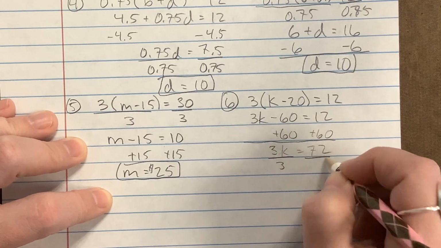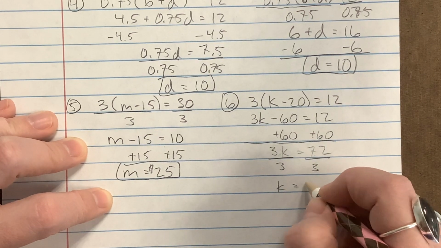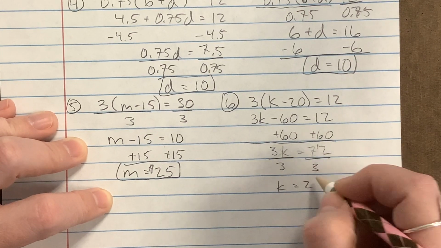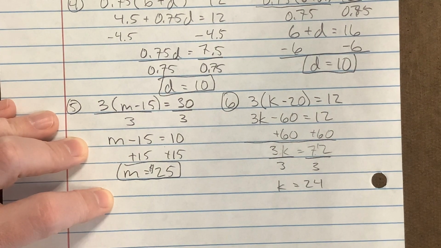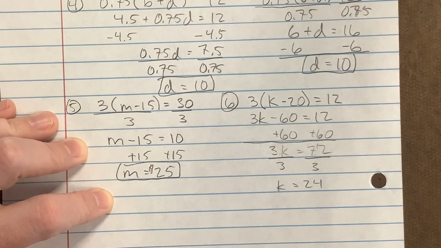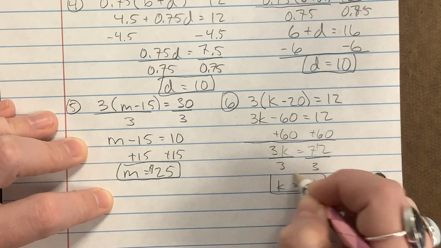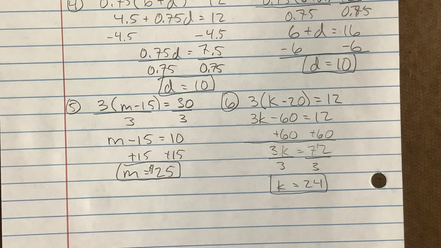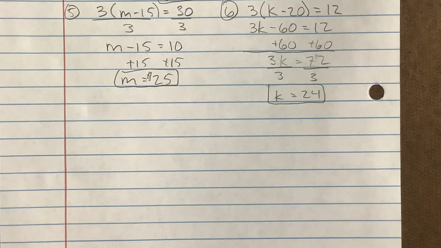Divide by 3, divide by 3. K equals 3 goes into 7 2 times with 1 left over. 3 goes into 12 4 times. So there's 24 stickers per sheet. All right, math. So that's basically what you need for the book assignment.